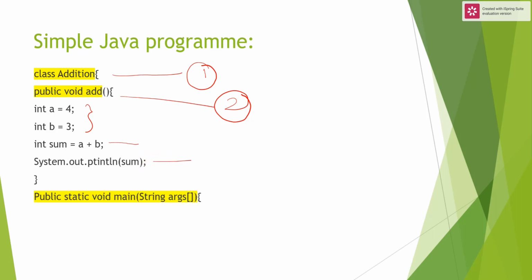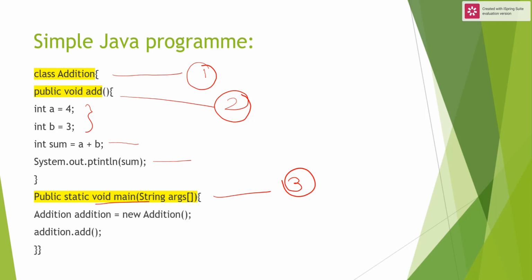And the third step is we have declared our main function, public static void main String args, and inside this main function we have called our method for the addition. Method for the addition is called here, and according to this our output will be printed as a sum.